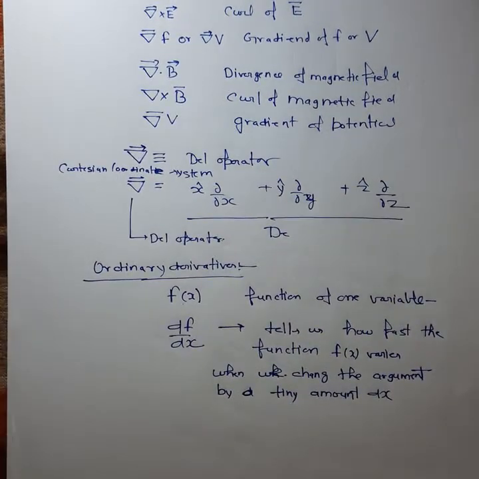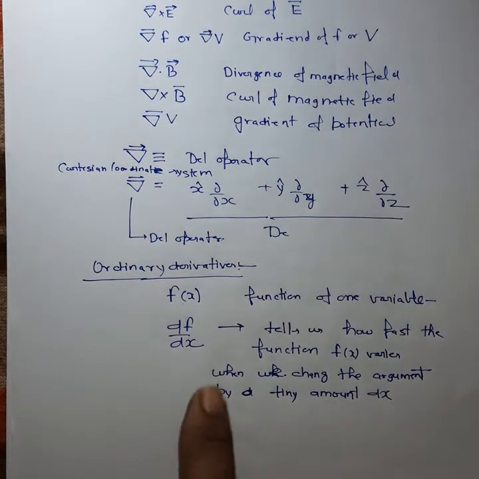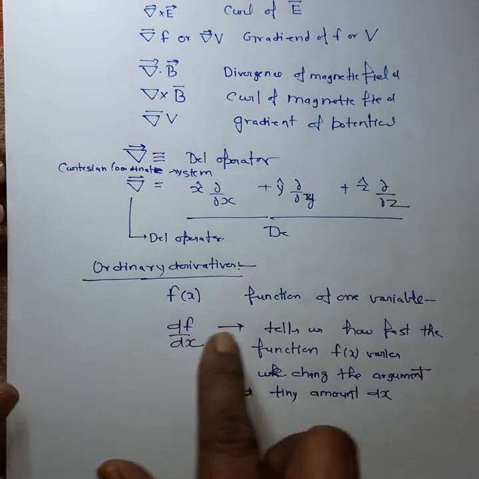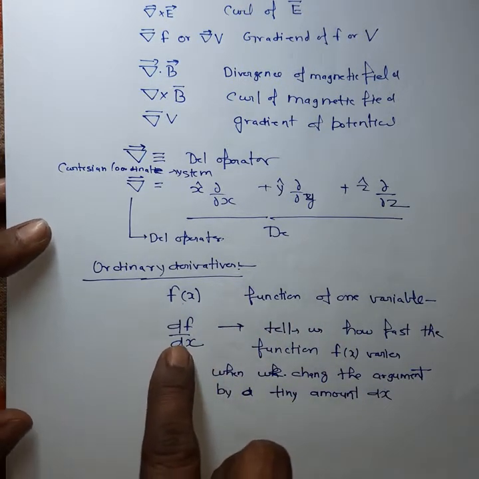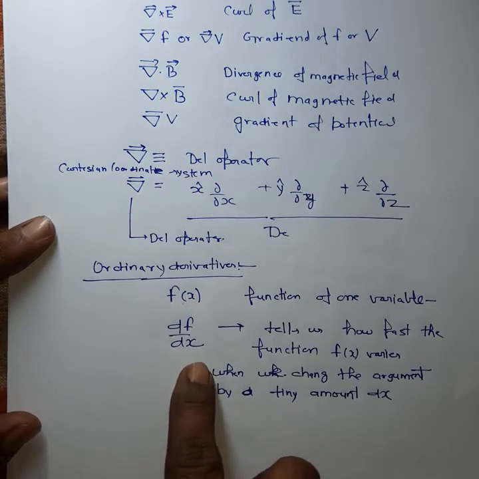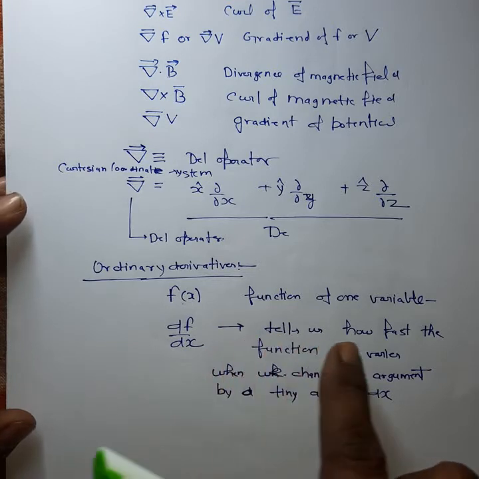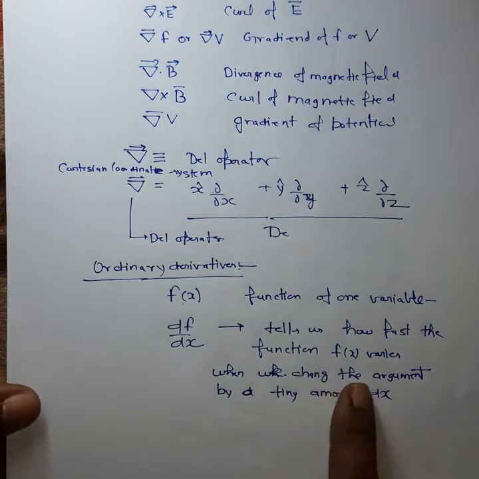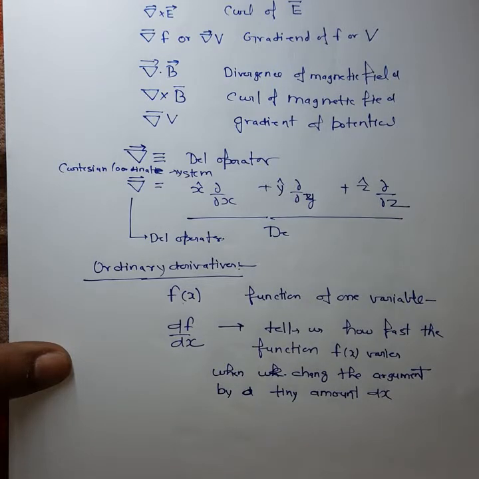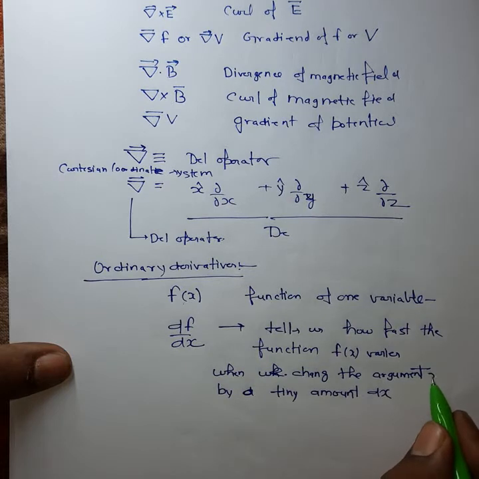So we are discussing ordinary derivatives. If f(x) is a function of one variable, then its ordinary derivative is defined as df by dx, and it tells us how fast the function f(x) varies when we change the argument by a teeny amount dx. Here x is your argument.